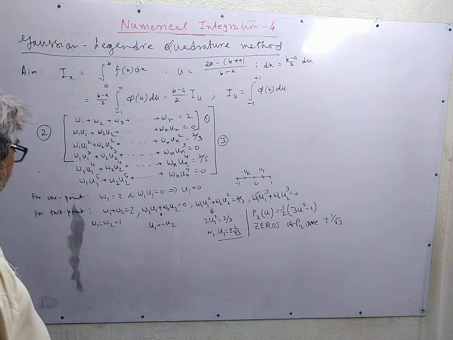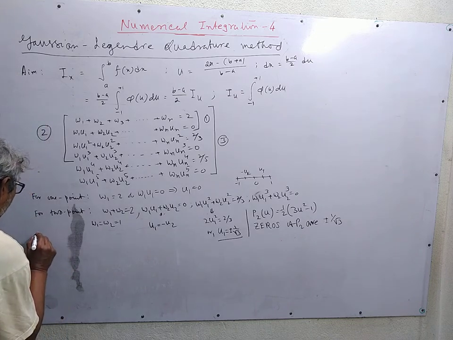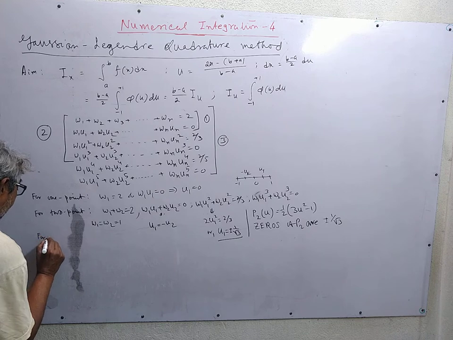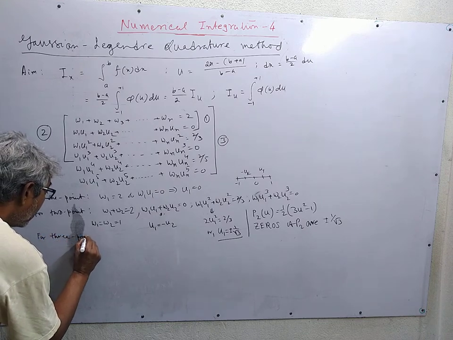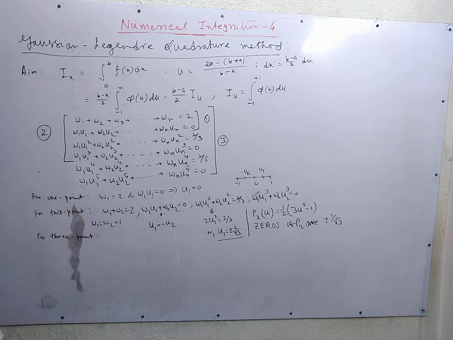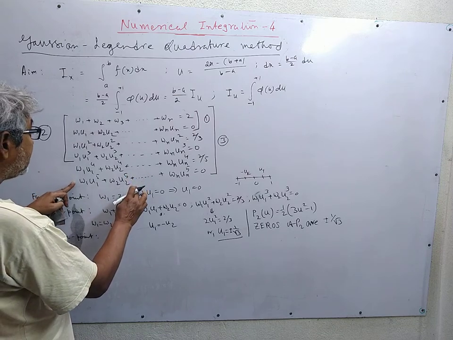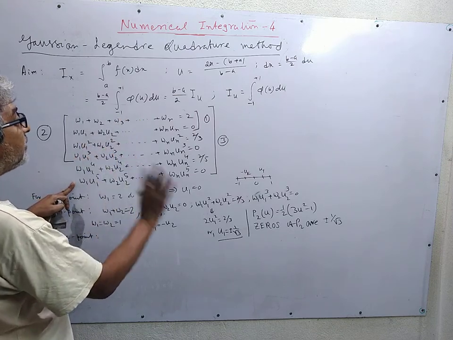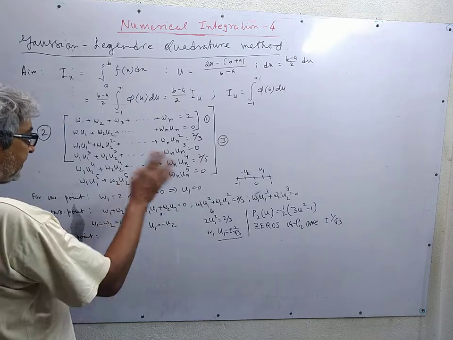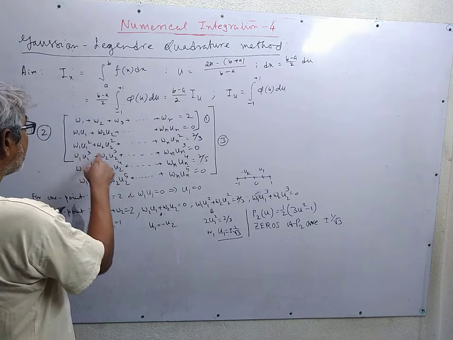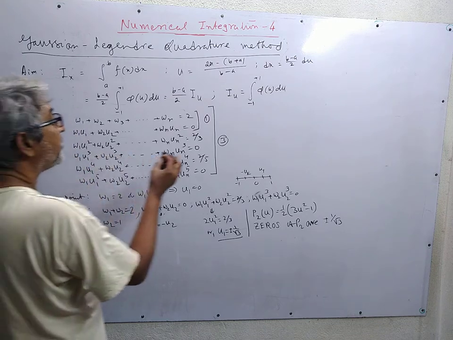If we go to the 3-point formula, we are to write these equations. Only thing is that there will be 3 terms, not more. So without going into writing the things in detail, I am just modifying this expression to get the result for the 3-point formula.